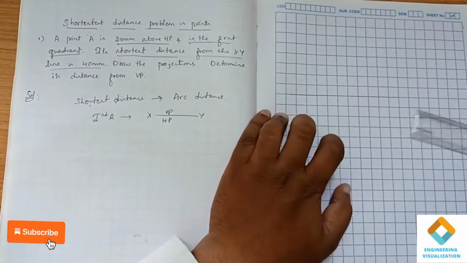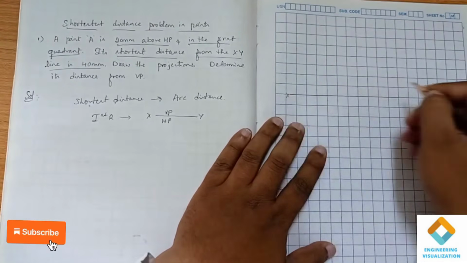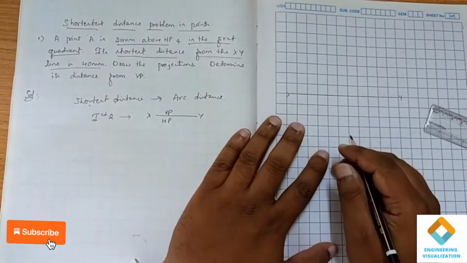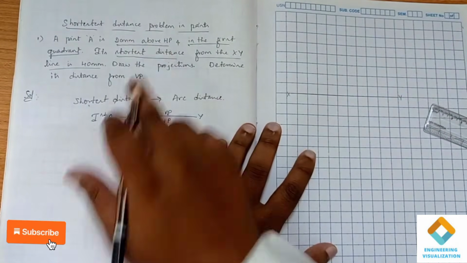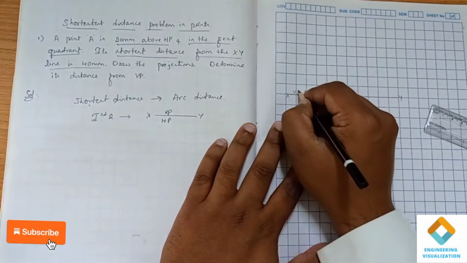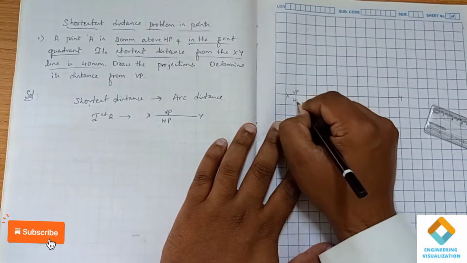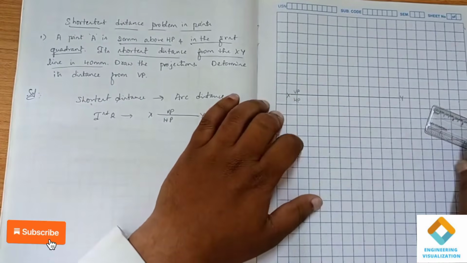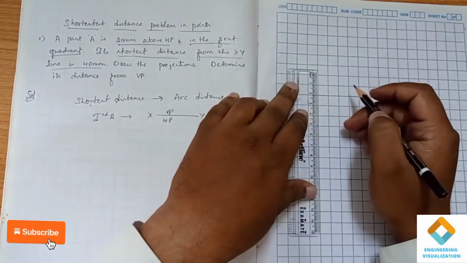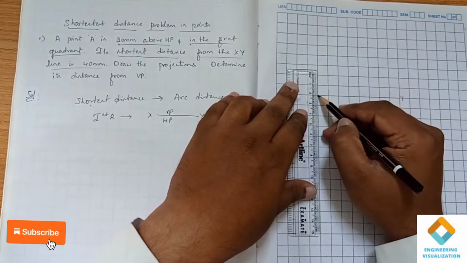So you can see this is 20 mm above HP. So 20 mm above HP means it is in the first quadrant. So HP and VP we have written. Above HP means it is our front view, so that means I'll be drawing the front view first.